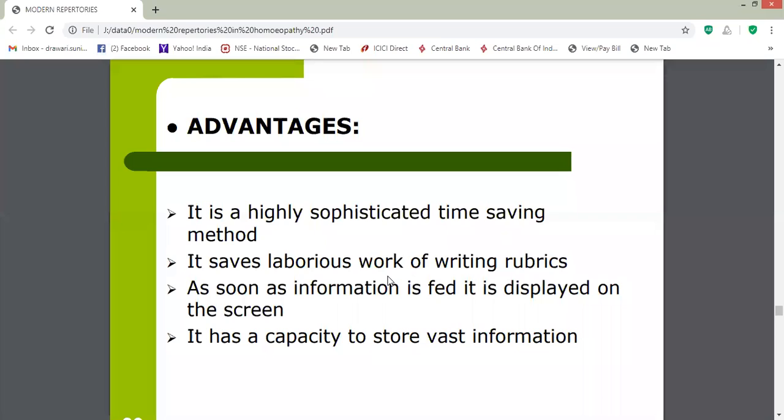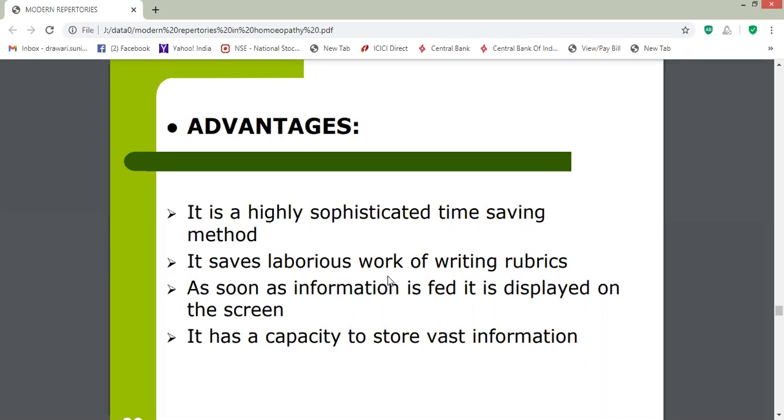Some commonly used languages are Fortran, that is Formula Translator, COBOL, that is Common Business Oriented Language, BASIC, that is Beginners All-purpose Symbolic Instruction Code, and Pascal, which was named after the French philosopher.